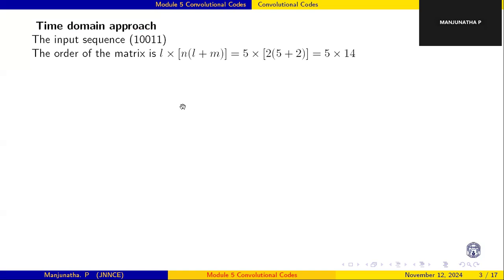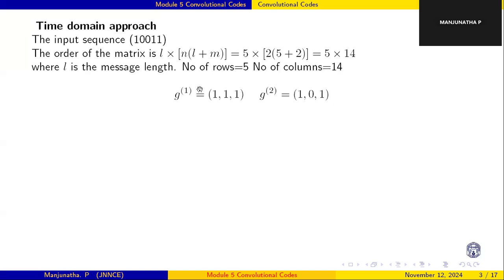The number of rows depends on the message length, call it L. The columns are n times (L plus m), where L is the message length, n the number of outputs, and m the memory registers. Here L is 5, n is 2, m is 2, so 2 times 7 is 14. The number of rows is 5 and columns is 14.